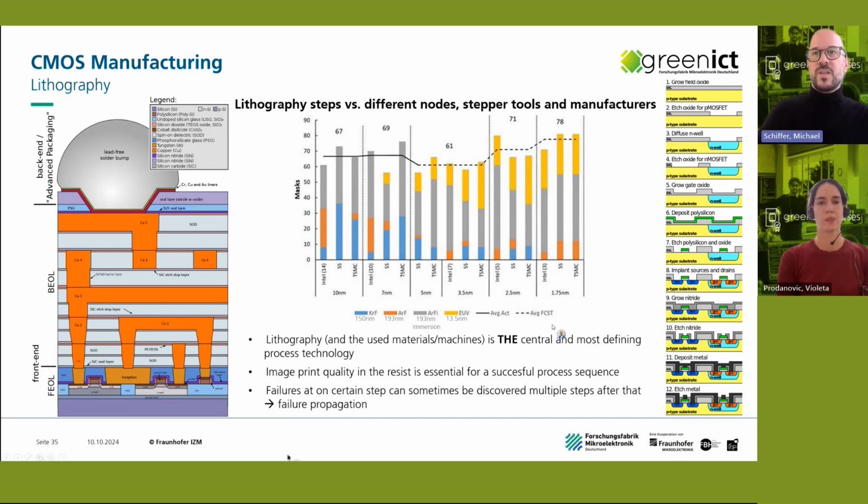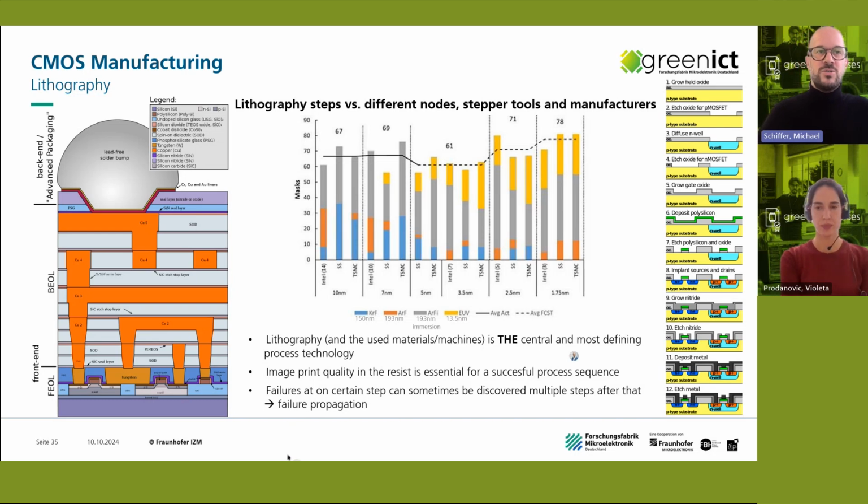So to say, lithography is really the central and most defining process technology in wafer manufacturing. But for that, you need a very good image print quality of the resists. The specialty, or the problem, is that when you have failures at one step, sometimes the real failure can only be detected after several steps.